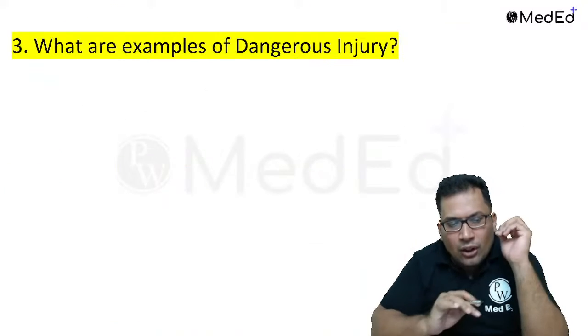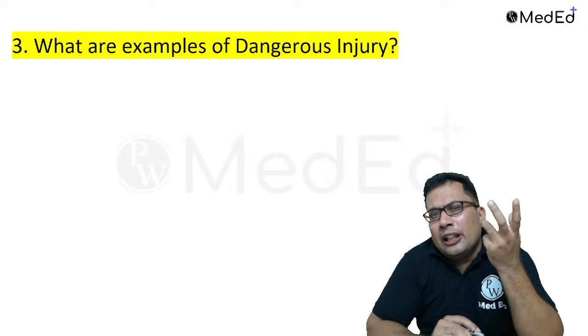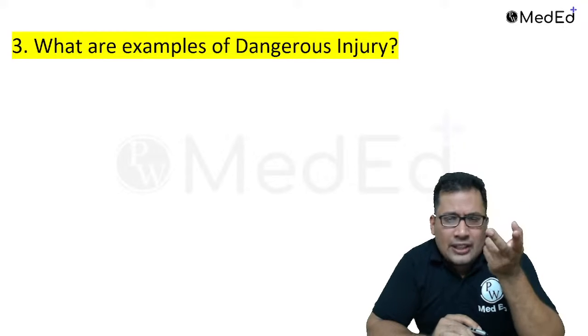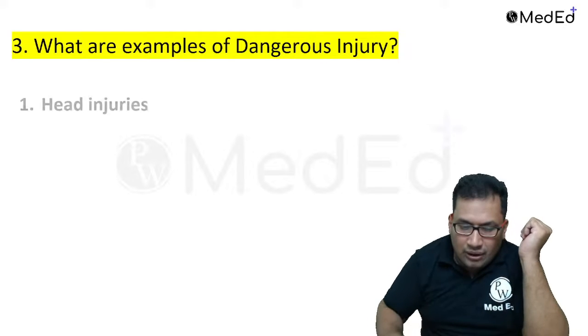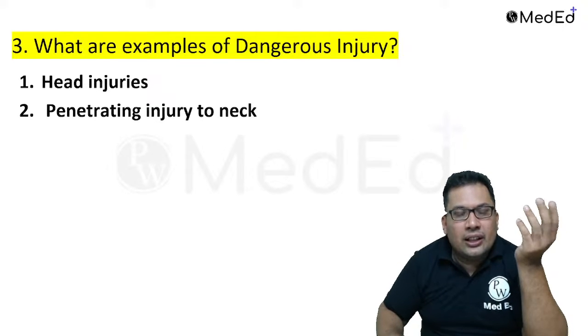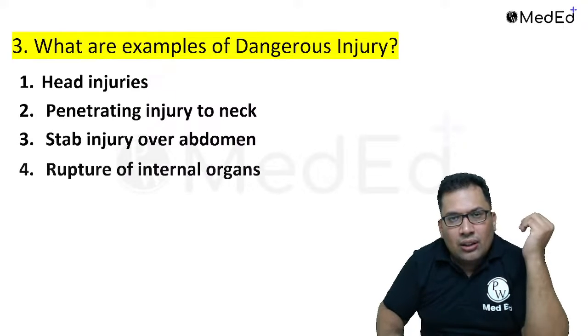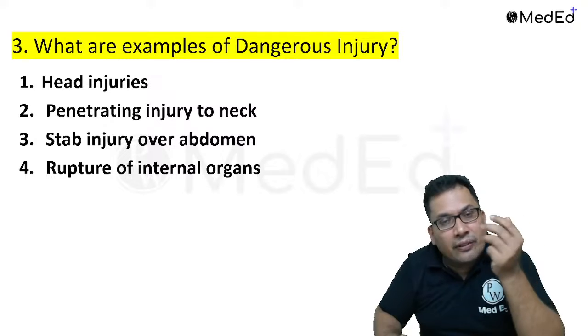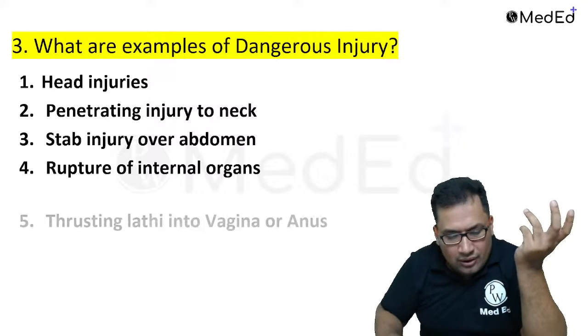Then, what are the examples for dangerous injury? The question can be asked. What do you mean by dangerous injury? So, as we discussed before, stab injury over abdomen, neck injury, head injury, penetrating injury to the neck, rupture of internal organs, liver laceration, spleen laceration can lead to hemorrhages and death.